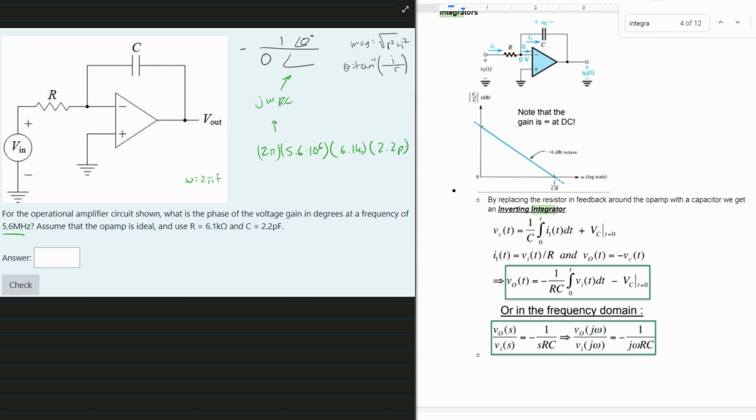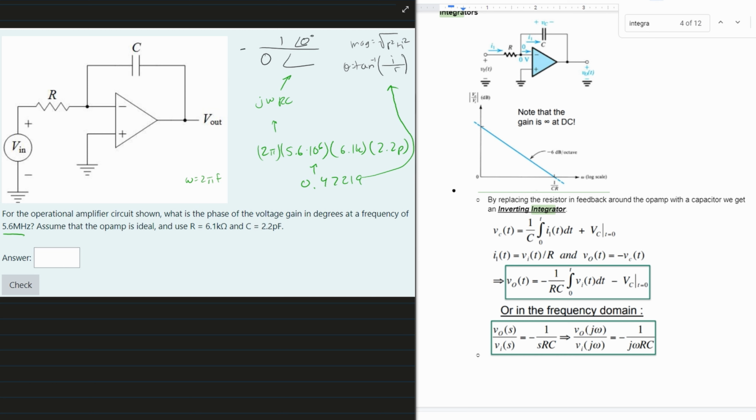The p is for pico, and pico is 10 to the -12. Now we are going to plug all of this into a calculator, and once we're done with that, we are going to get approximately 0.47219.